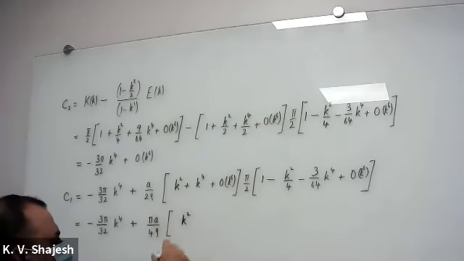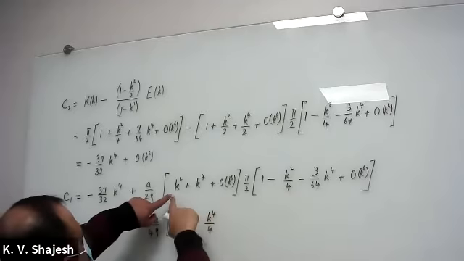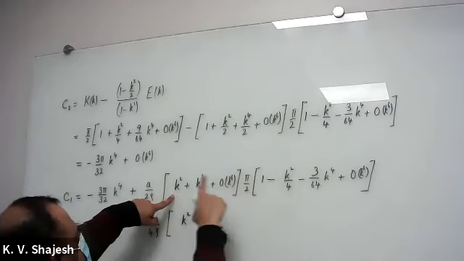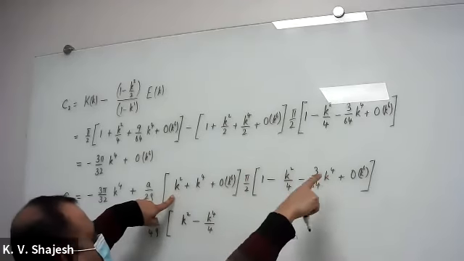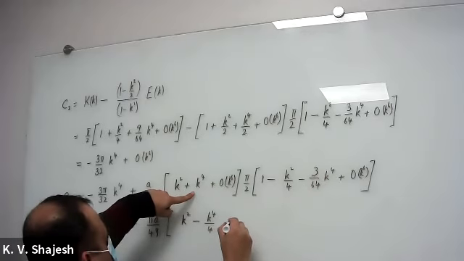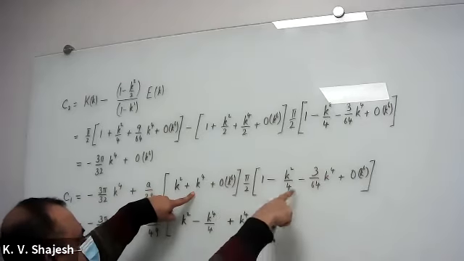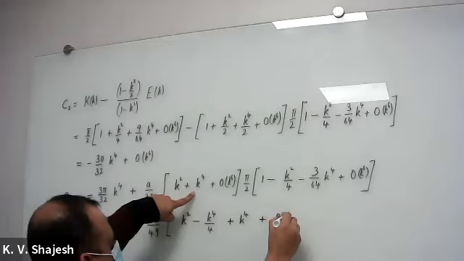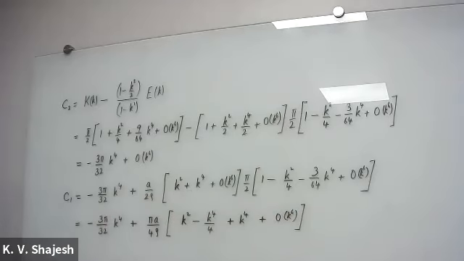This is k square minus k raised to 4 over 4, this multiplied by 1, this multiplied by this. The next one is order k raised to 6, I don't keep it. Then k raised to 4 times 1, then k raised to 4 multiplies k raised to 2, that's order k raised to 6. So many of them do not contribute. Only 3 terms here are less than order k raised to 6. So in that sense, it is significantly easier.